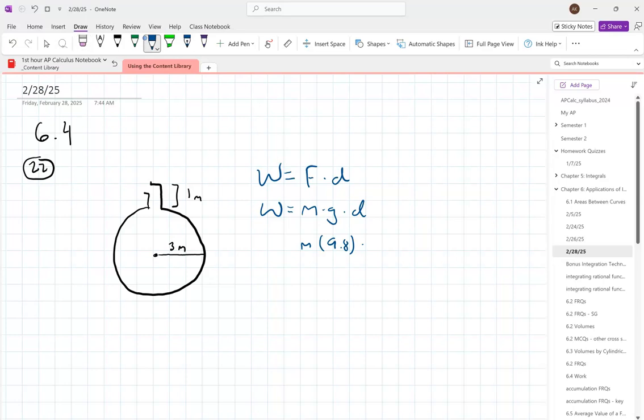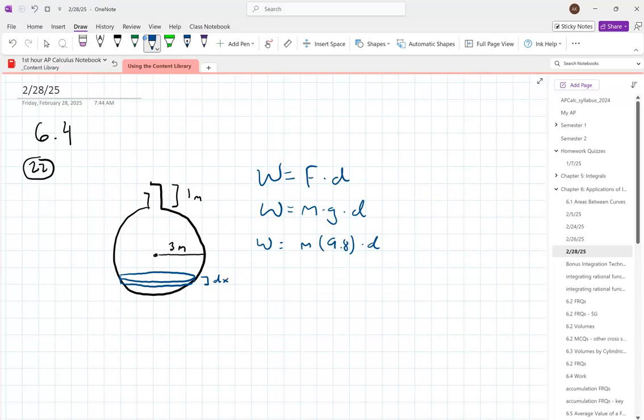And now we need to find a way to represent mass and distance in terms of some variable x, right? So let's say we draw like one hypothetical cylinder. So there's our hypothetical cylinder.